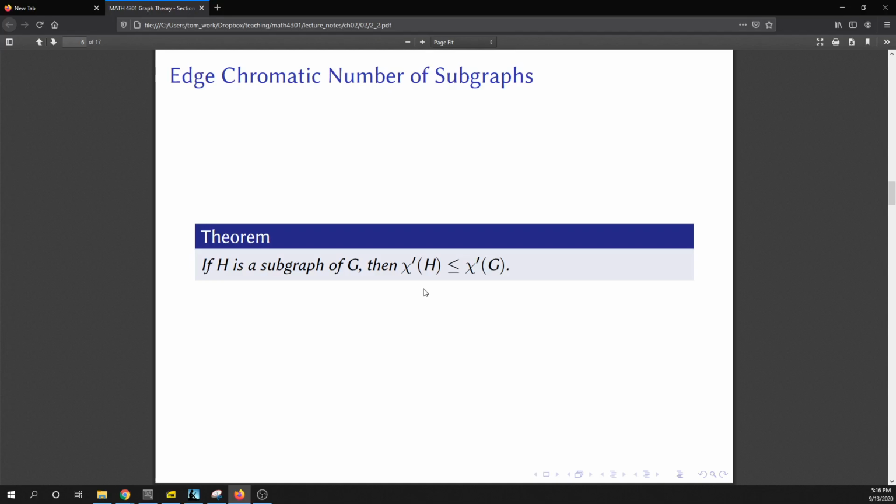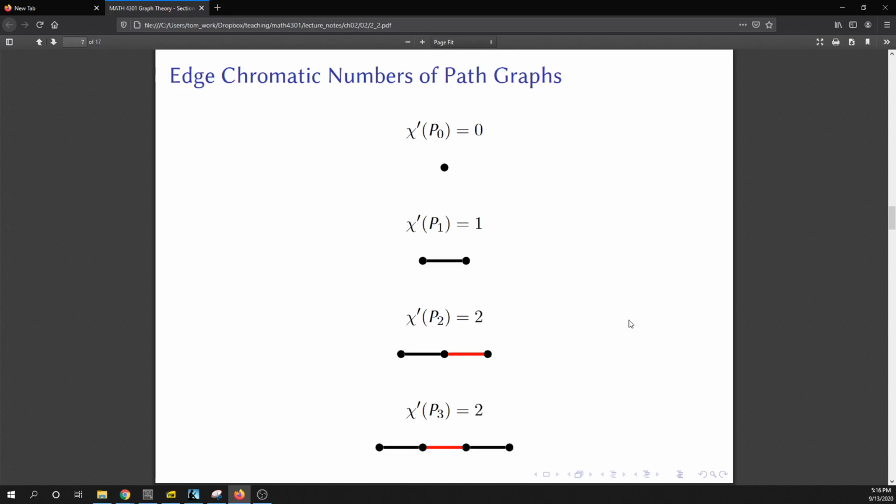Now, H might have edge chromatic number less than that, but that's fine. We know that the edge chromatic number of H has to be less than or equal to the minimum number of colors that you can color the edges of G with. Okay, so that will be handy in some cases when looking at the edge chromatic numbers of graphs.